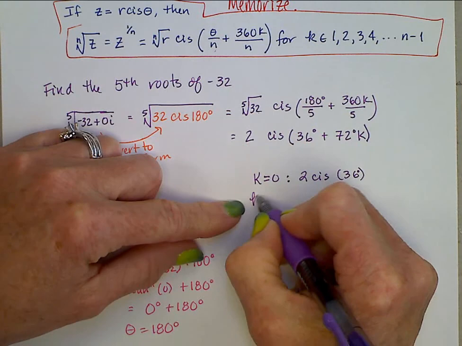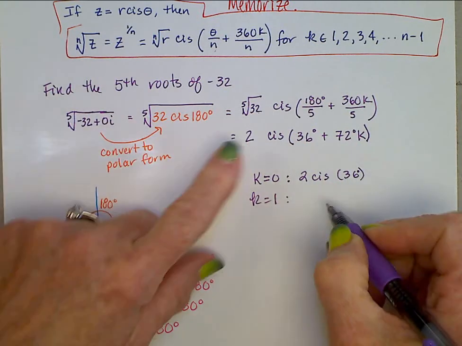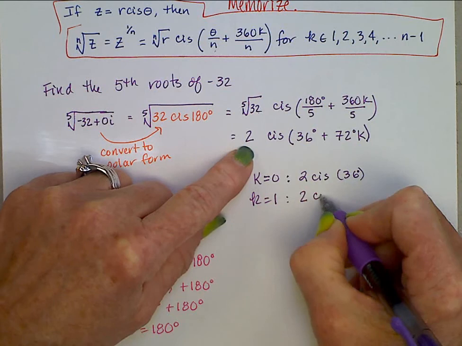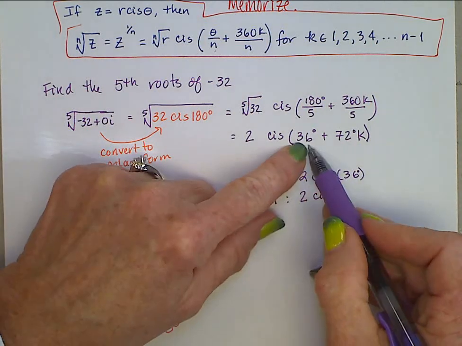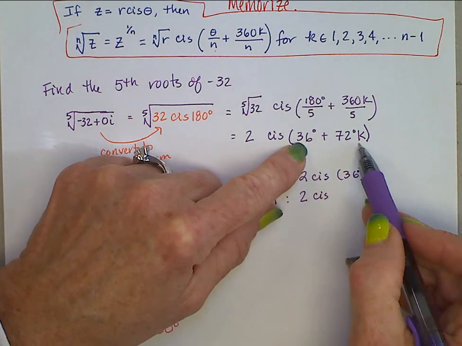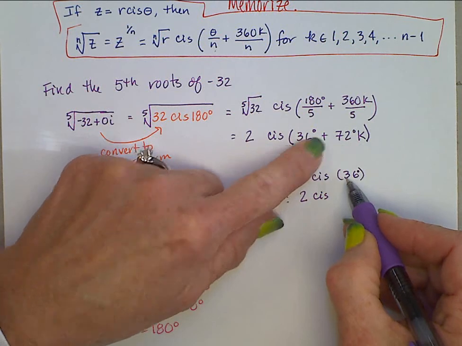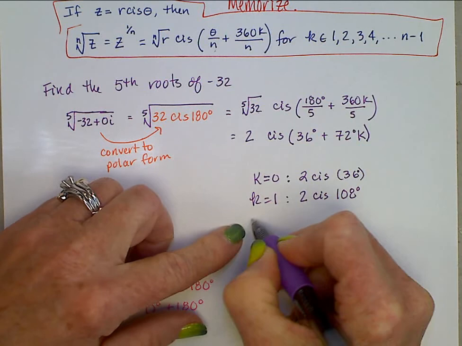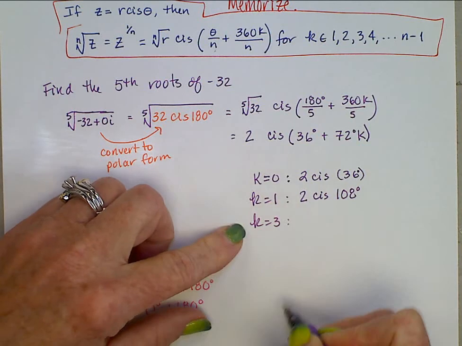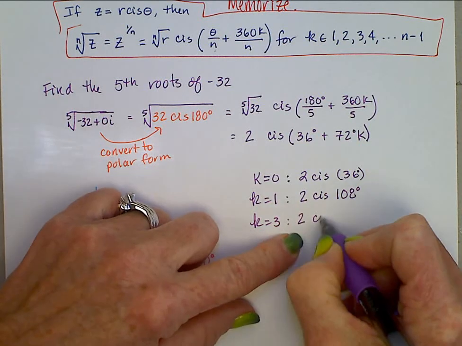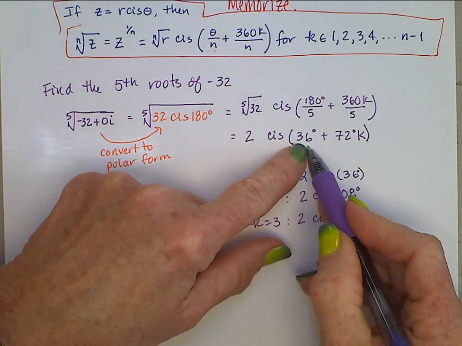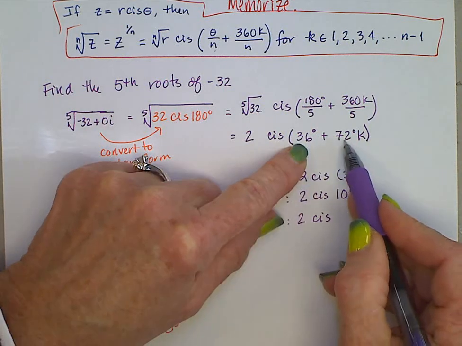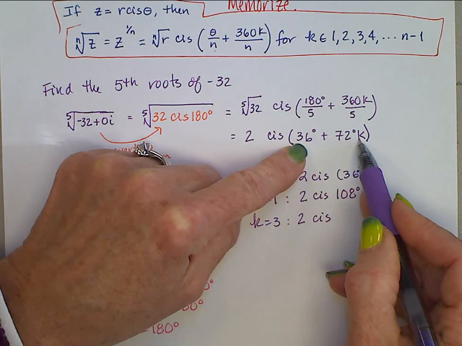If k is 1, then we have 2 cis 36 plus 72. 36 plus 72, 108. If k is 3, then we'll have 2 cis 36 plus 72 times 2, 36 plus 144.